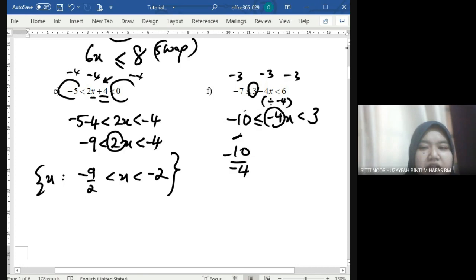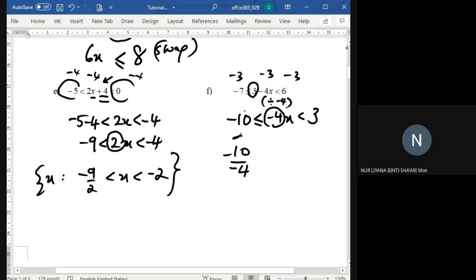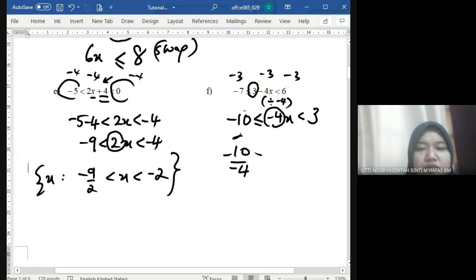Jadi apa? Tukar. So, it will be more than or equal to kat sini. Daripada less than jadi more than or equal, of x. Here is x lah. Sebab dah tak ada dah. Buruk no x saya. Okay. X and then less than akan jadi more than 3 over negative 4.